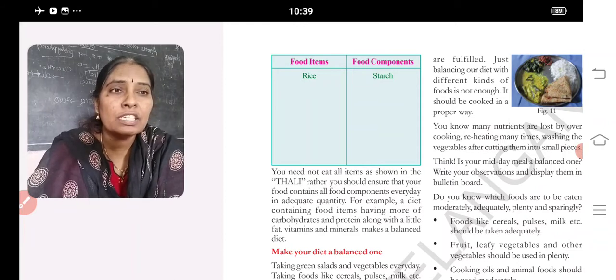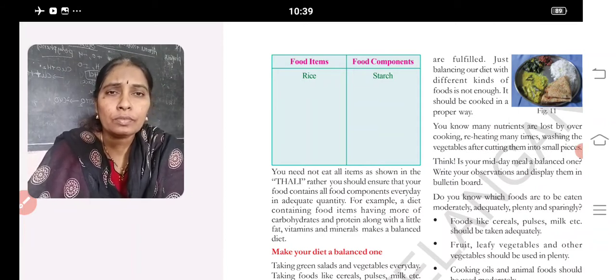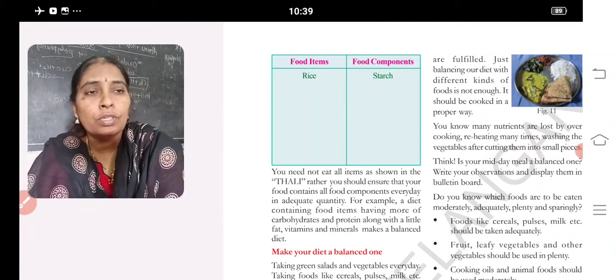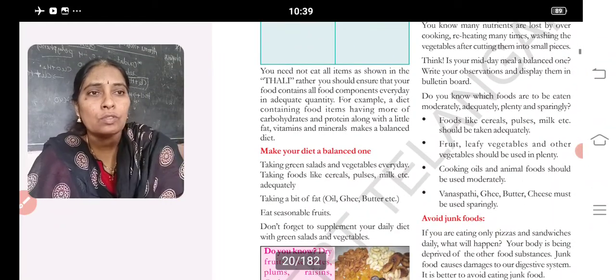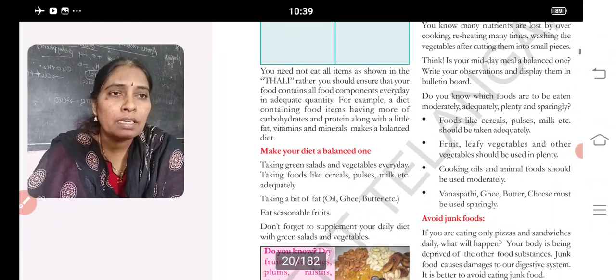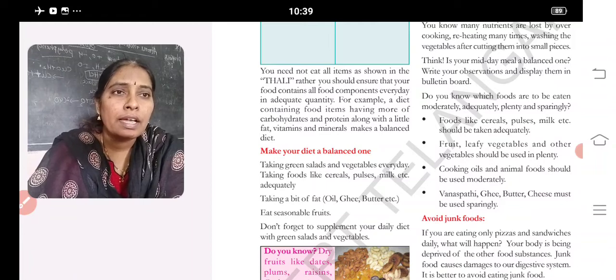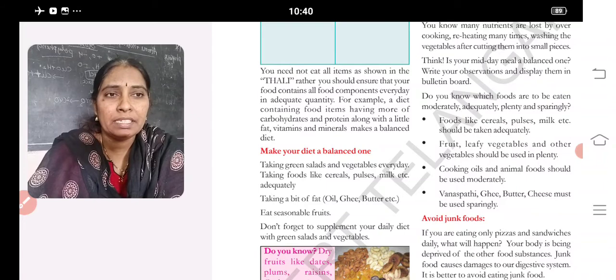Mostly leafy vegetables, which are rich in water, plenty of water. We should consume oil in less quantity. Ghee and butter sparingly, and cooking oil and animal food moderately. Fruits, leafy vegetables, seasonal fruits and other vegetables should be consumed plentifully.